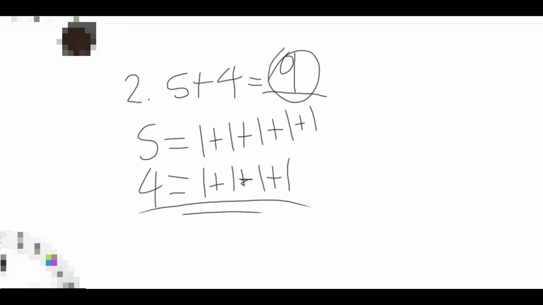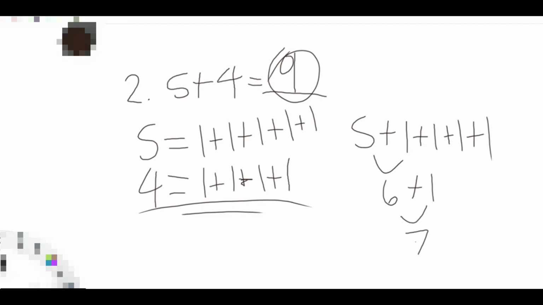So you could do 5 plus 1 plus 1 plus 1 plus 1. And you could do 5 plus 1, which is 6, and add another 1, which makes it 7, and another 1, which makes it 8, and then another 1, which makes it 9. And that's another method, not so bad a method.